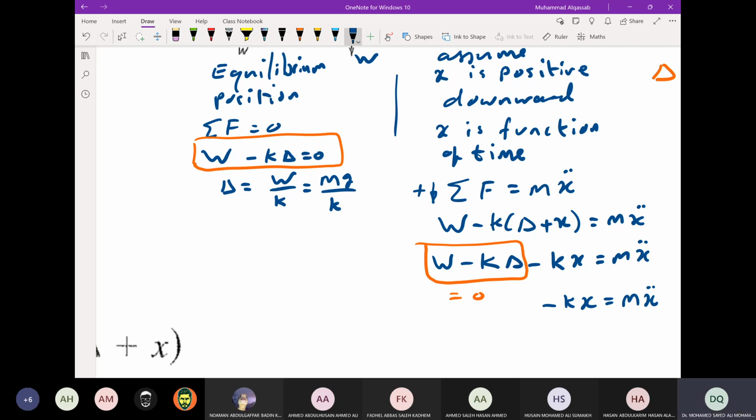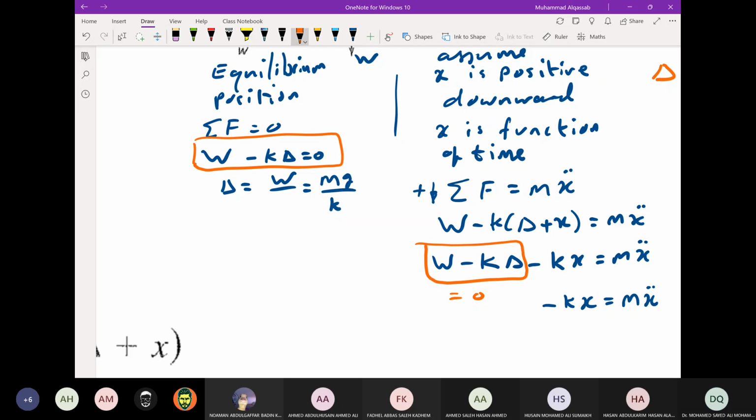And the final equation is independent of the weight, and it is independent of delta, except that K is related to delta.